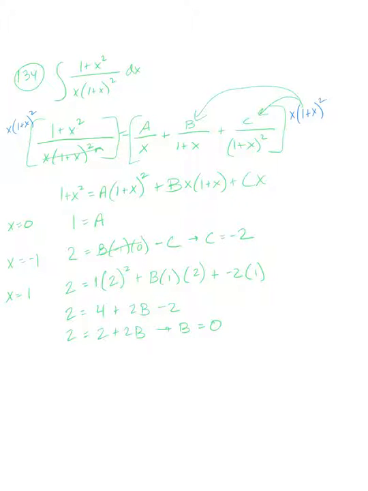So my integral becomes the integral of a over x, and a is 1, so 1 over x, plus b over 1 plus x, and b is 0, so I'm not even going to write that term down, plus c over 1 plus x squared, and c is -2, so -2 over 1 plus x squared dx.